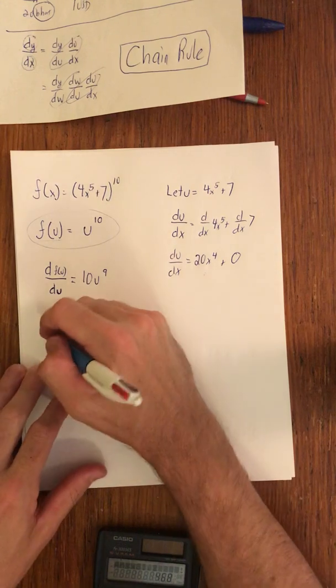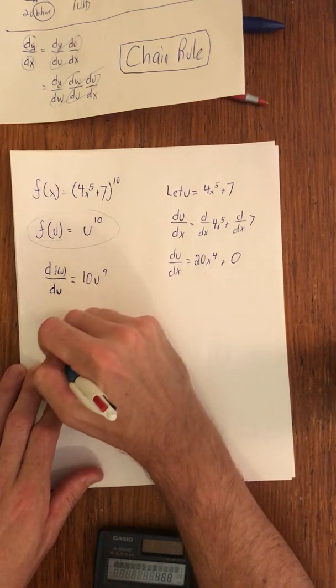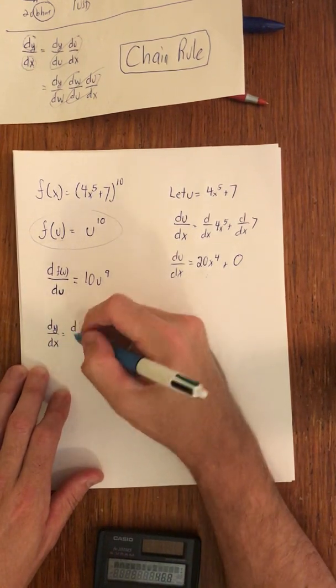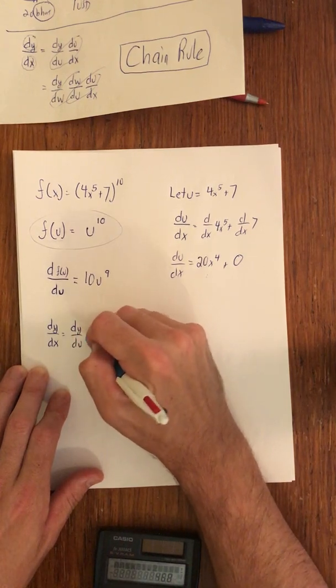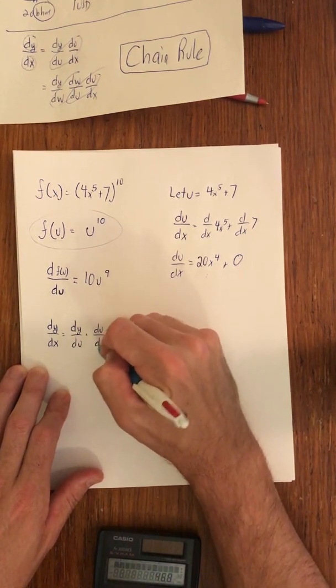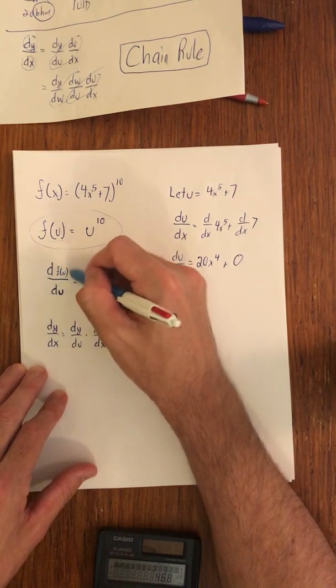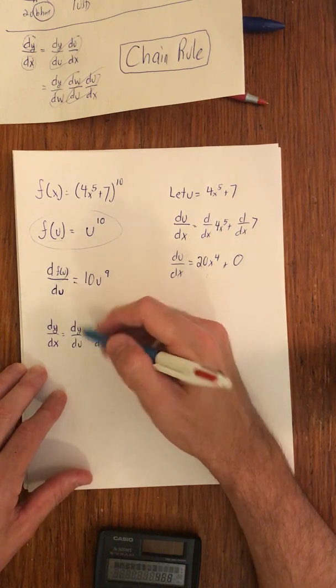And now I can put it all together, because I can do what dy dx is equal to, because that's equal to dy du times du dx. Now in this thing, I could probably actually call this y because I've done it in terms of u.